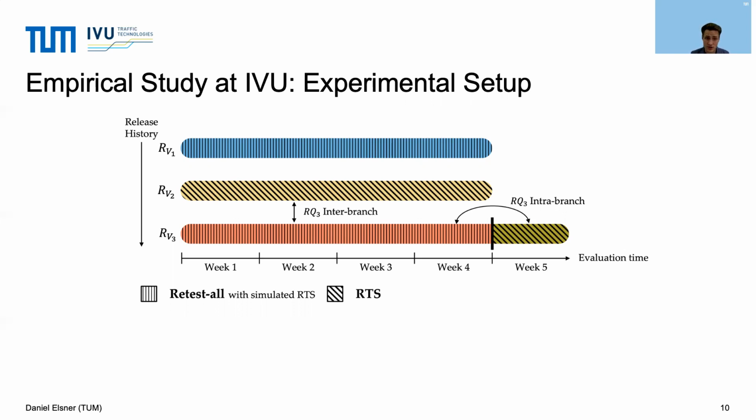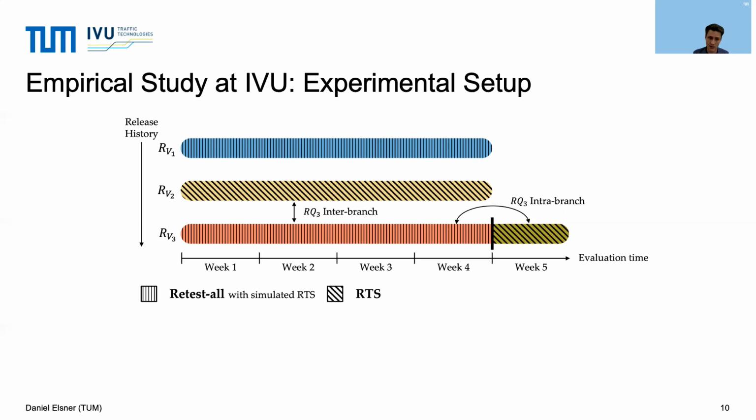Next, to measure the actually achieved end-to-end savings in the pipelines, we deploy our RTS technique at release branch V2 here for 4 weeks and compare the measured execution time to the times at release branch V3 here, as they typically do not differ much.